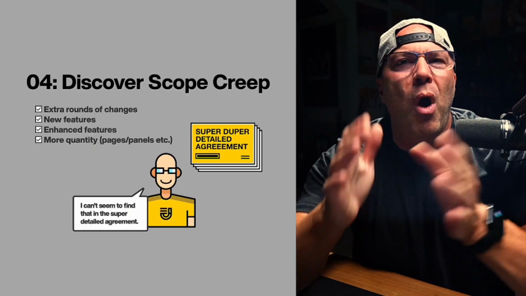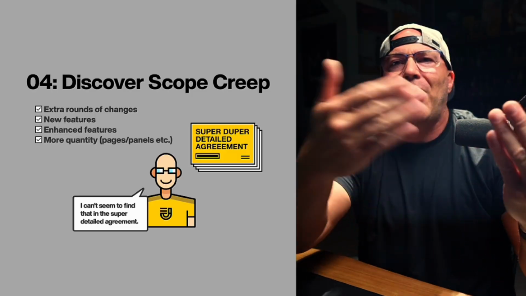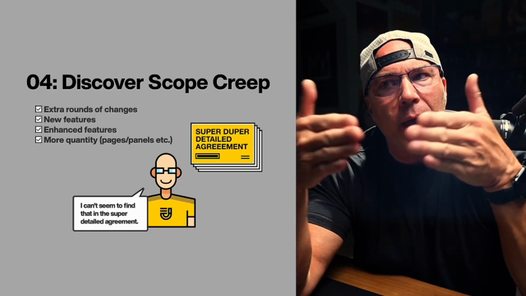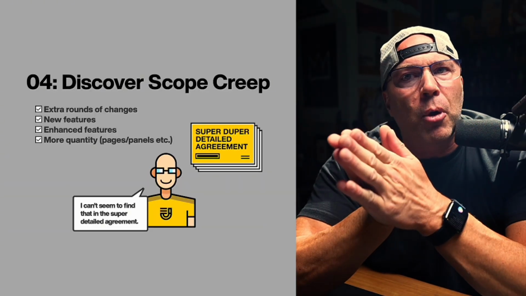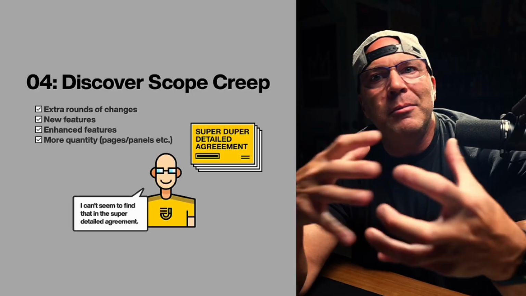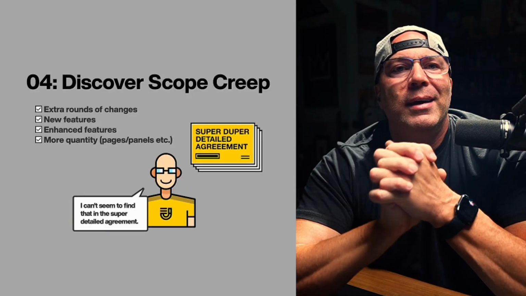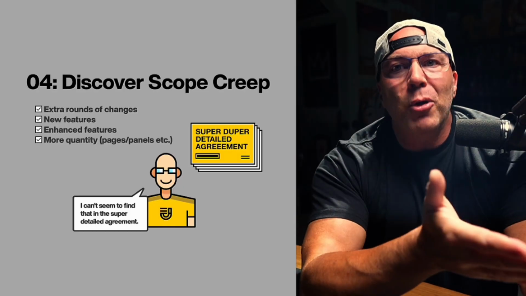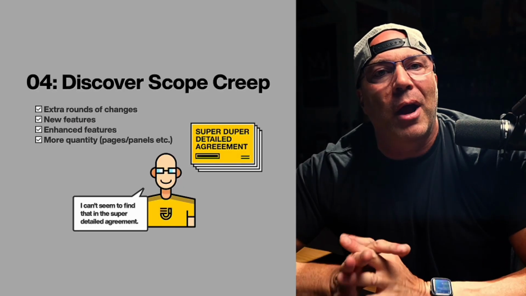It could be more quantity in pages. They might have a trifold brochure that now they're saying, hey, actually, we were thinking it might be like a cool saddle stitch brochure with 7 pages or 8 pages in it. How's that? Can we change that to that? You want to be able to push back because you originally bid a trifold brochure.